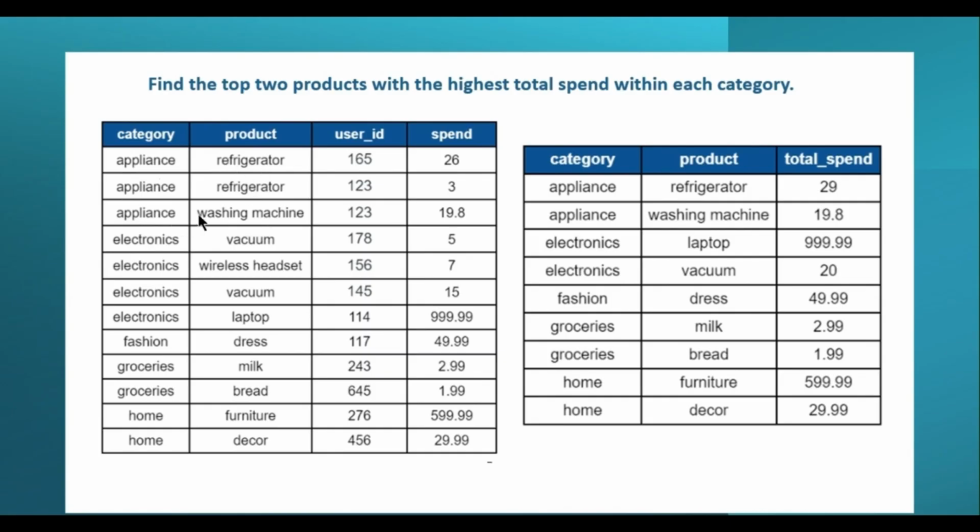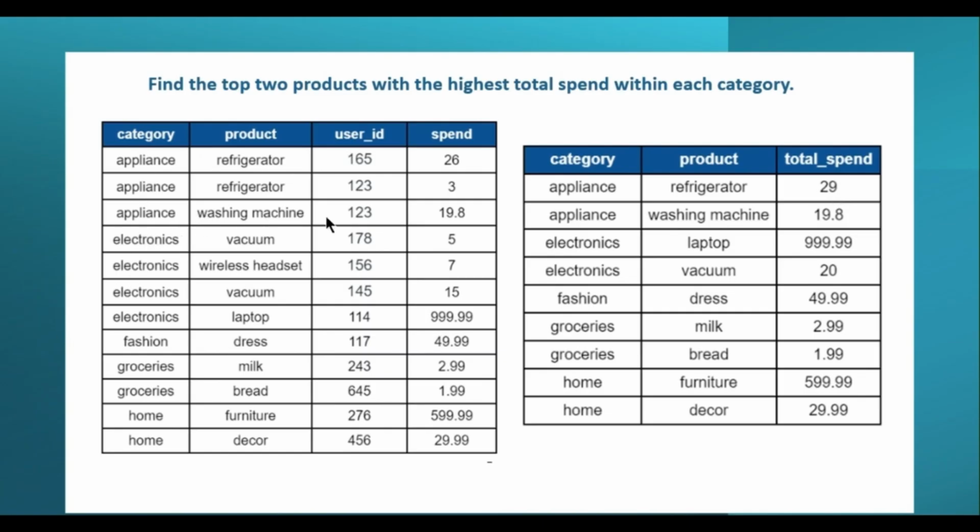One is the refrigerator and the other one is the washing machine. So let's first calculate the total amount spent for the refrigerator product. The total amount spent is 26 plus 3, sorry, so this will come out to be 29. The total spent for the appliance category with the product refrigerator is 29.